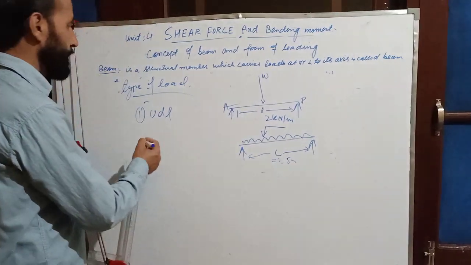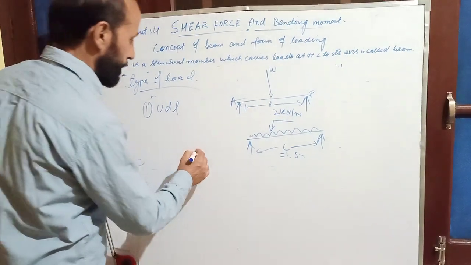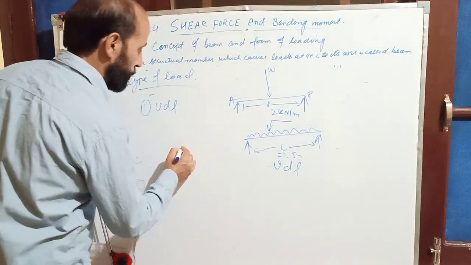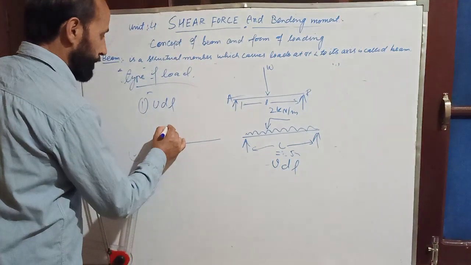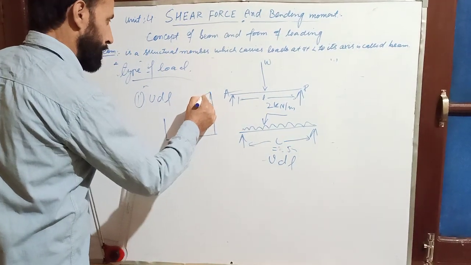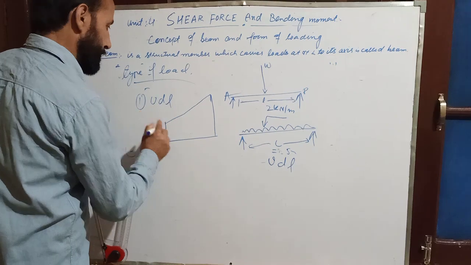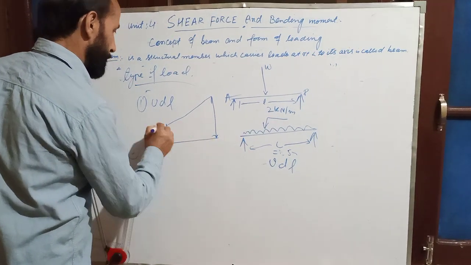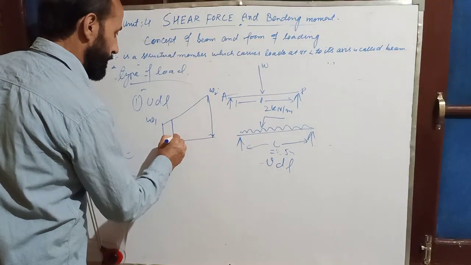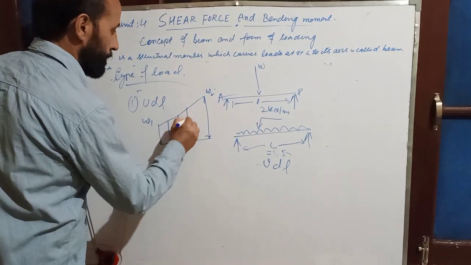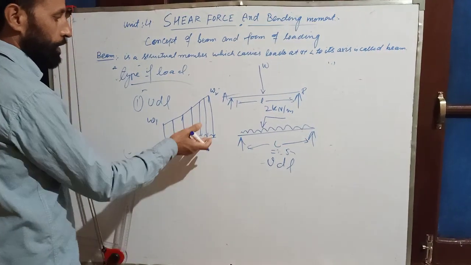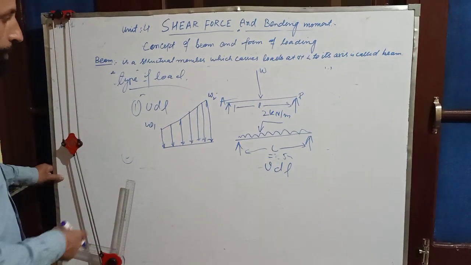After that, here is uniformly varying load. Now, for example, the intensity of load is less here and more here. I will join this. There is W1 and here is W2. This load will increase, this is varying load.